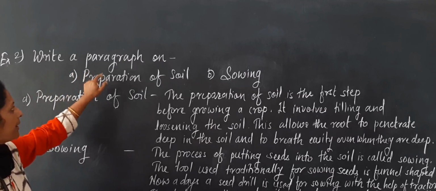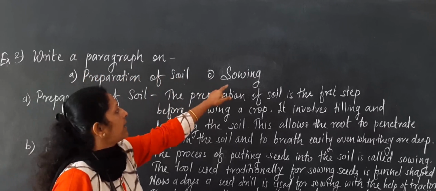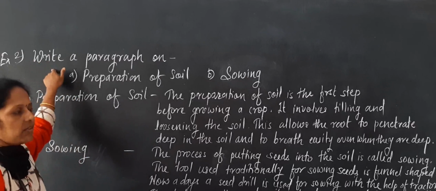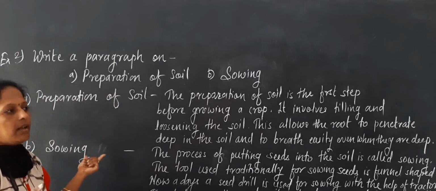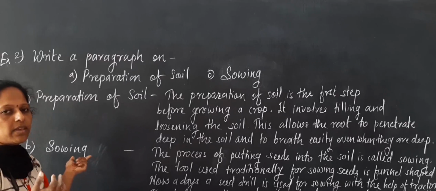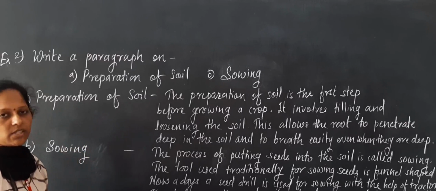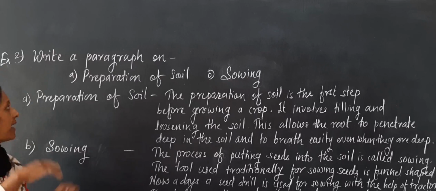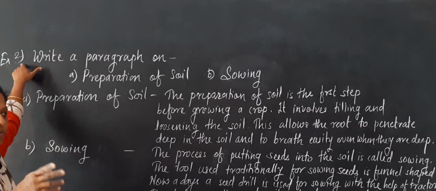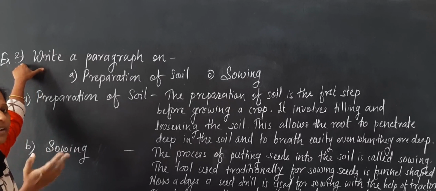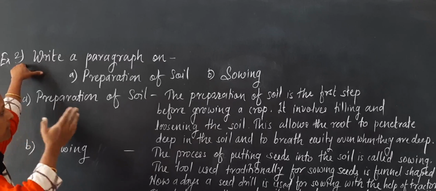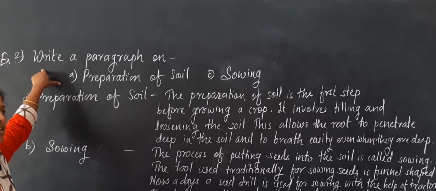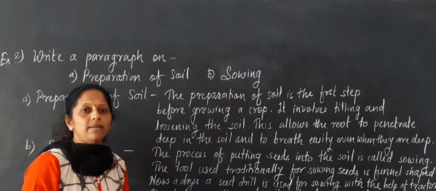Now I ask you to write a paragraph on preparation of soil, and also on sowing. So I asked 2 questions for the second question. Dividing them, they may ask 2 questions with 1.5 marks for each, or maybe only one big 3-mark question, as in the first question, why should we save paper. Otherwise they may ask 3 questions, or 2 questions in one question. So now, write a paragraph on preparation of soil, and the second one is sowing.